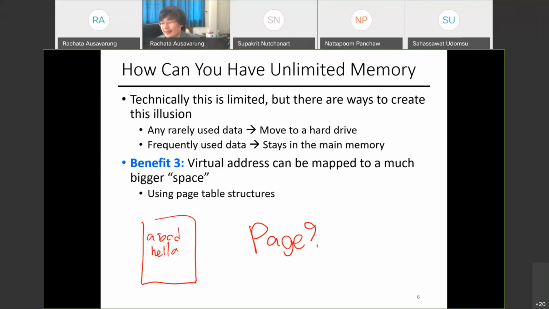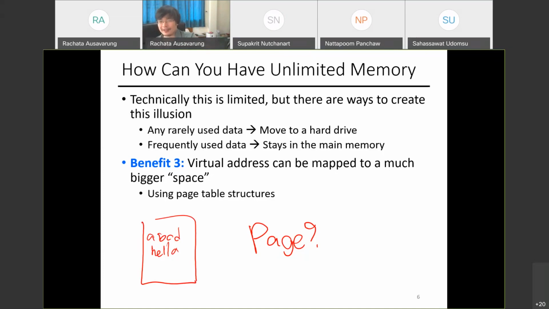And I just say that one address here is a character. The address for H is next to the address for E, which is also next to the address for L, right? And then they all stay in this page. And this page can be, as one of your friends suggests, swappable, right? You can put this page in hard drive. You can put this page in DRAM. Page access in both places, right?